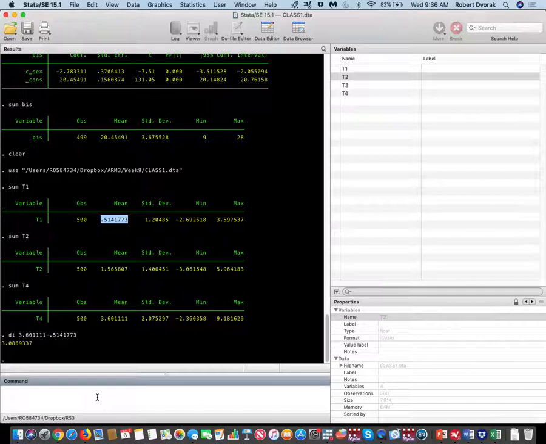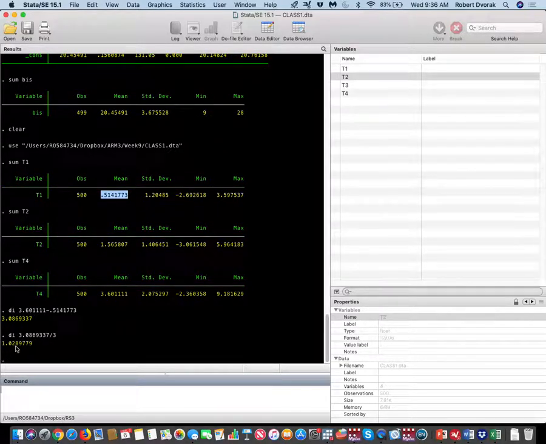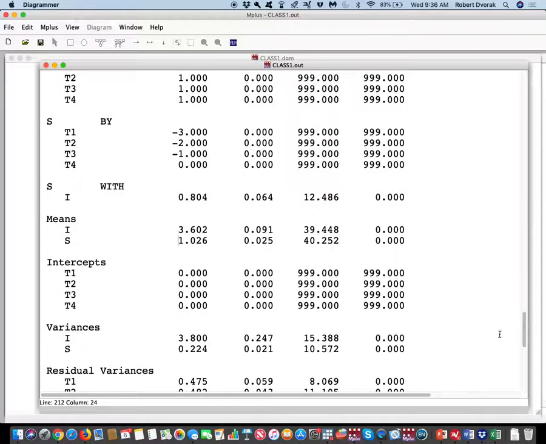All right, so we have this DI 3.0869337 divided by 3 potential change points, right? And we get 1.029. That should be pretty close to what our slope was. It's 1.026. Again, not going to be perfect, but it's pretty close.